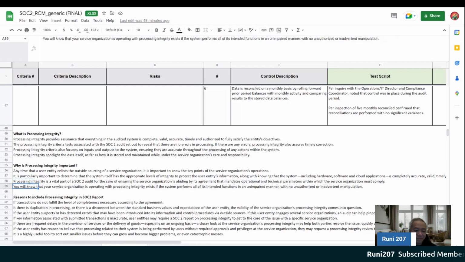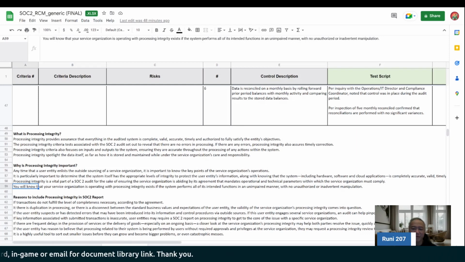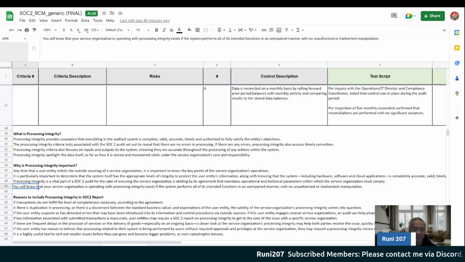Everyone's different. And so you will know that your service organization is operating with processing integrity if the system performs all of its intended functions in an unimpaired manner. So I think sometimes the database between the rental market and the business partners that use the ecosystem, and also within the Hive layer 1 blockchain, it slows down a lot.